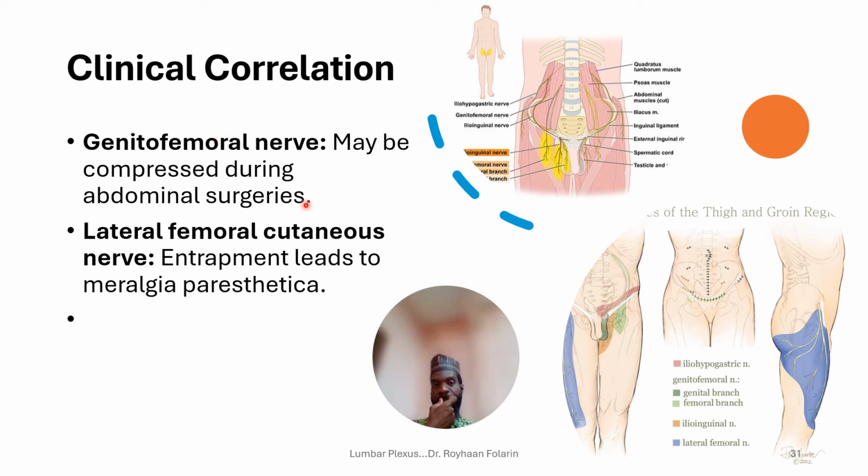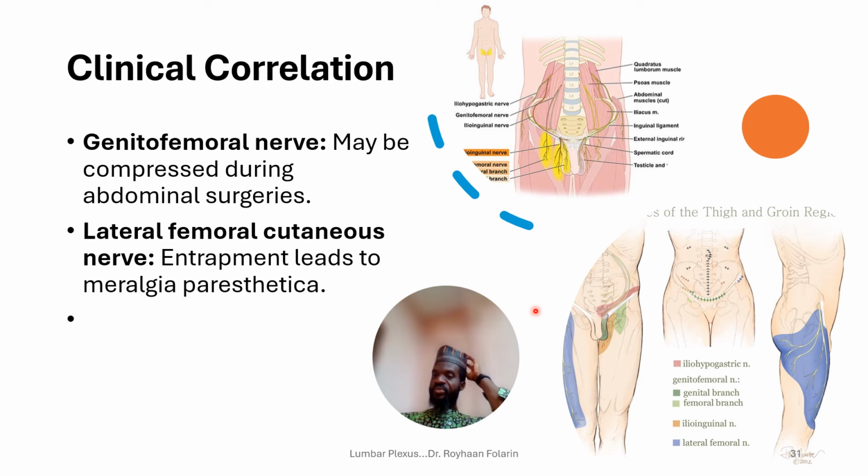In the case of the lateral femoral cutaneous nerve, whenever it's entrapped, it results in neuralgia paresthetica, which is numbness or pain in the lateral part of the thigh caused by a lesion to the lateral cutaneous nerve of the thigh.